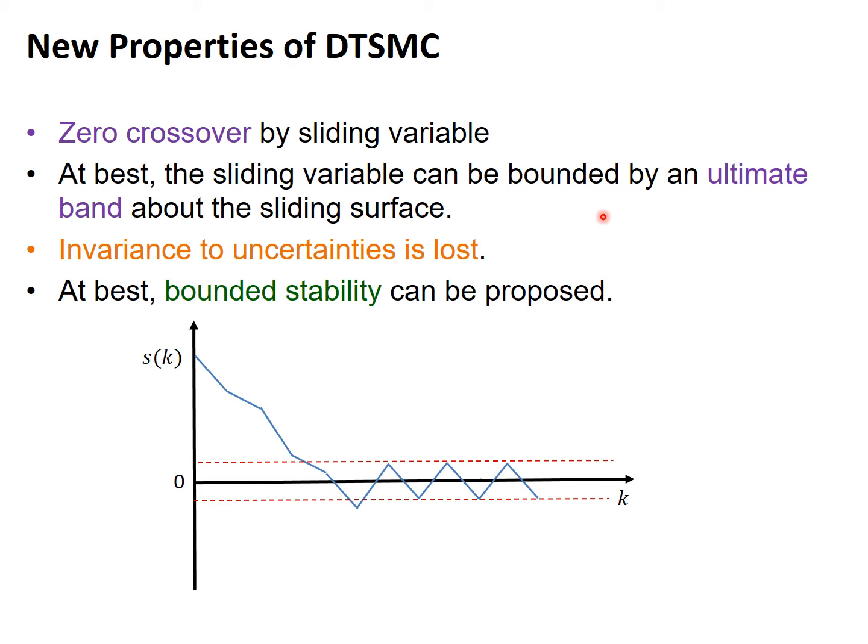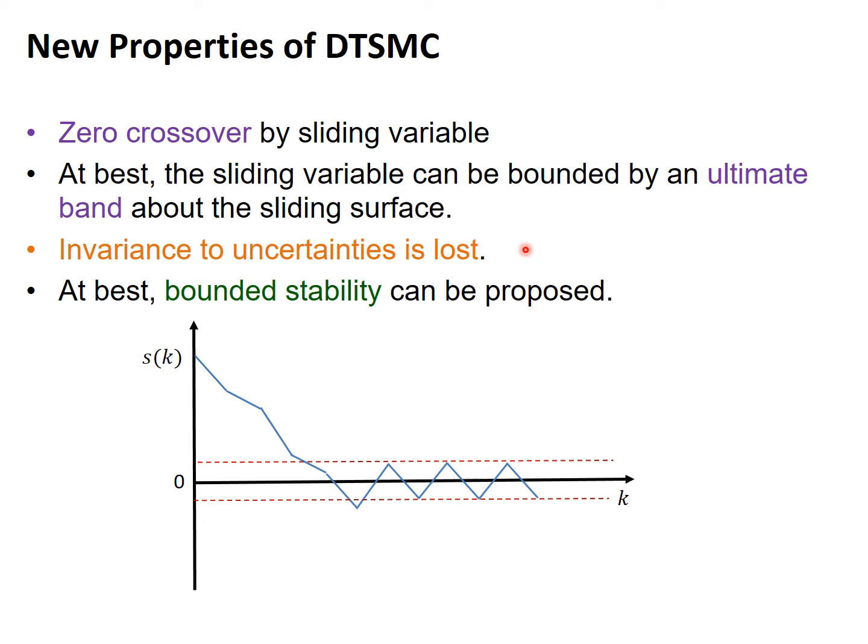However, one factor is obvious: the invariance to uncertainties is lost, because we are not able to be on the surface. We are not invariant to uncertainties anymore. Only if s was equal to 0 would we have complete rejection of the disturbance.